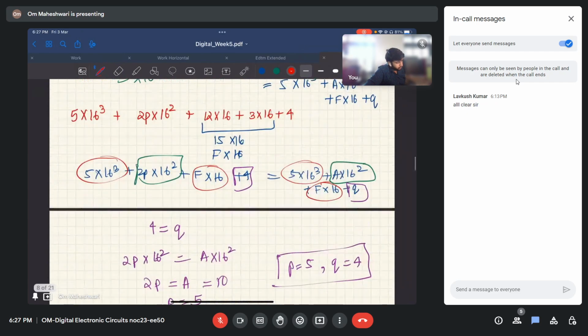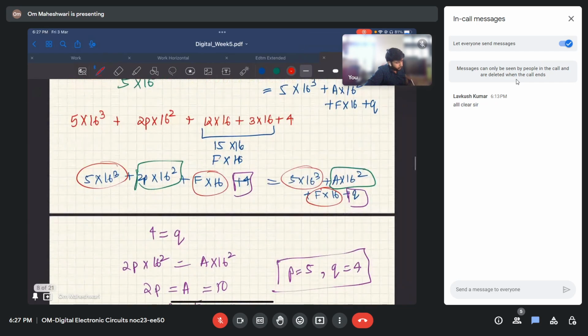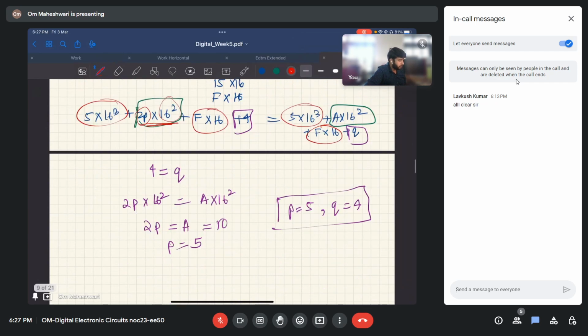Then we could easily compare the coefficients of these powers. Right? That is how we found P is 5 and Q is 4. So, is there any doubt?